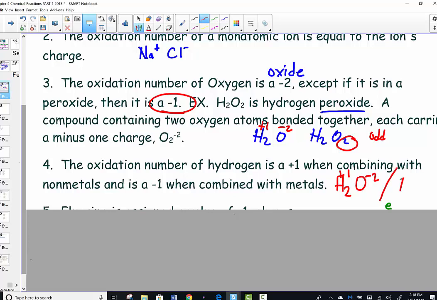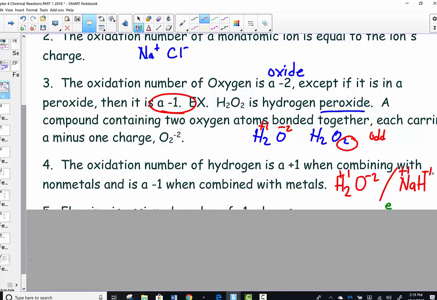What if you see it hooked to a metal? Therefore, it would be written last. Sodium hydride, lithium hydride. You have the ending changed to "ide." "Ide" means that it's now a negative ion. Sodium would be a +1, hydrogen's a -1.